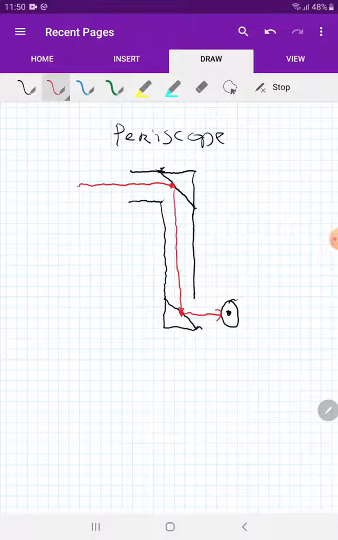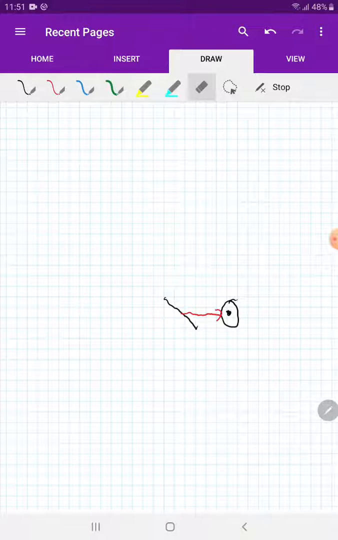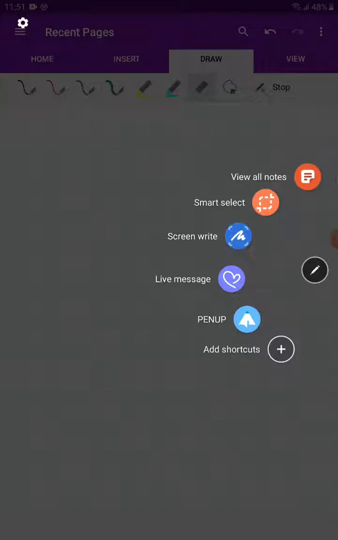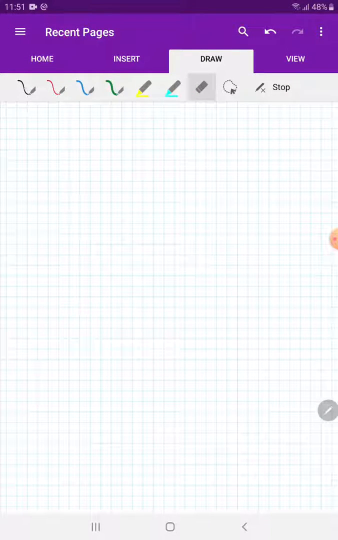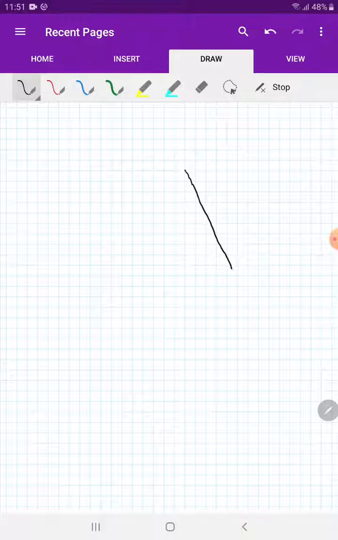Now let's draw another example of a ray of light, and let's see how they reflect at a mirror. Now I change the angle of the mirror. Let's say I draw it like that. Here I have a ray of light coming in this way.